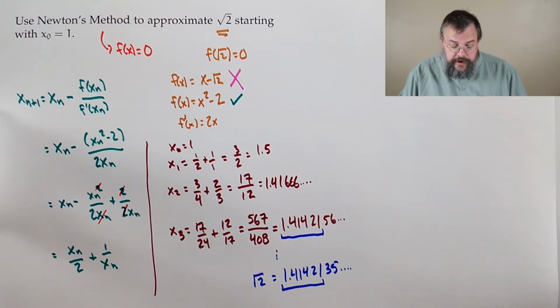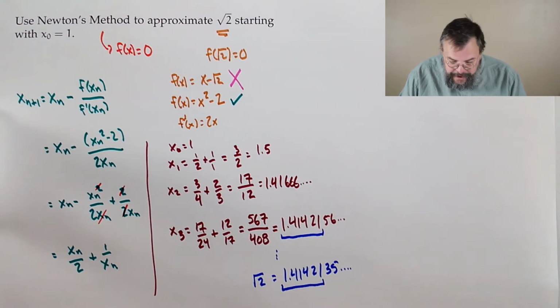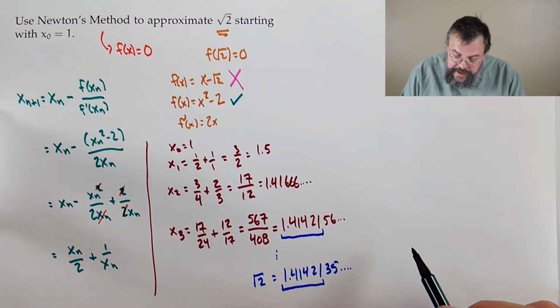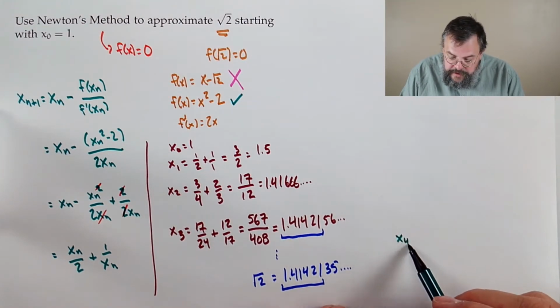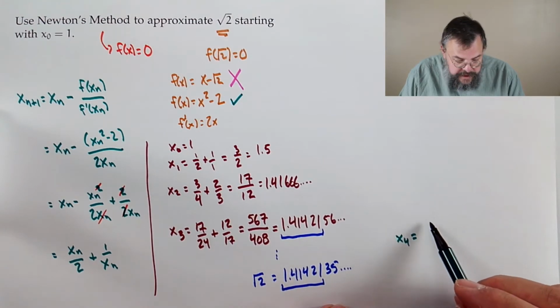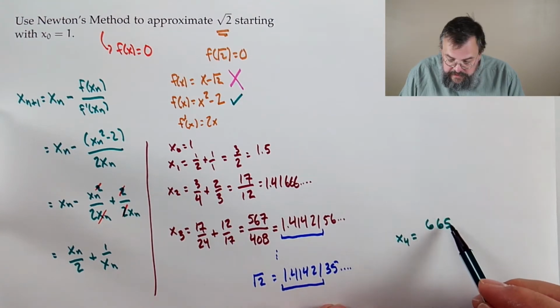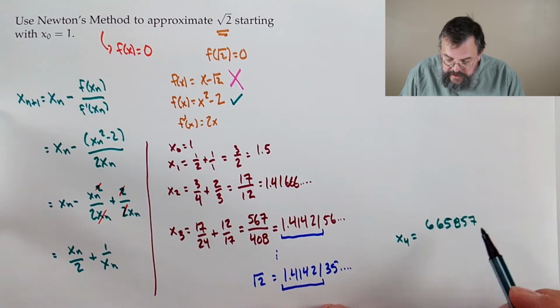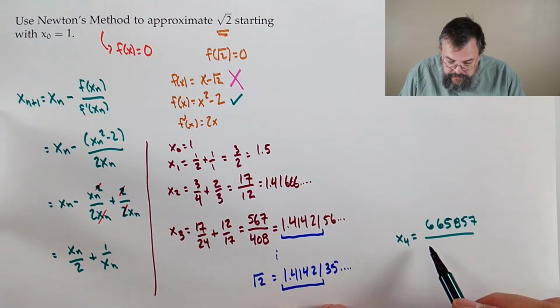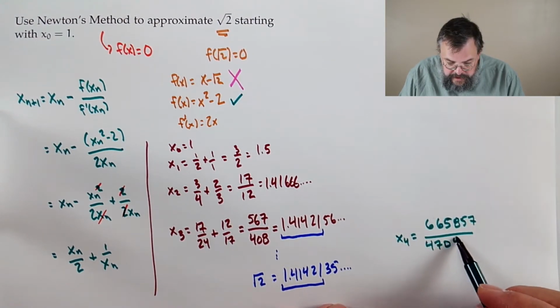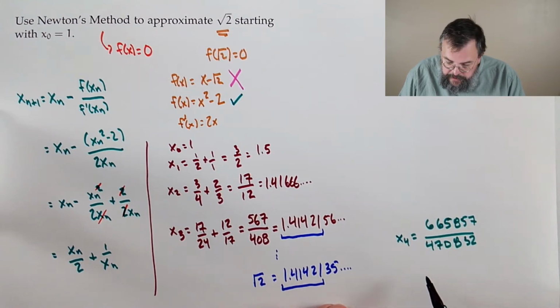Now, suppose you wanted to go further. What would the next term be? Well, okay, I will tell you that the next term, we'll just go ahead and skip the intermediate steps. 665,857, divide that by 470,832, and what is that?